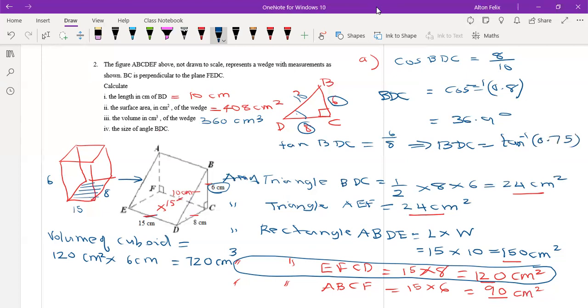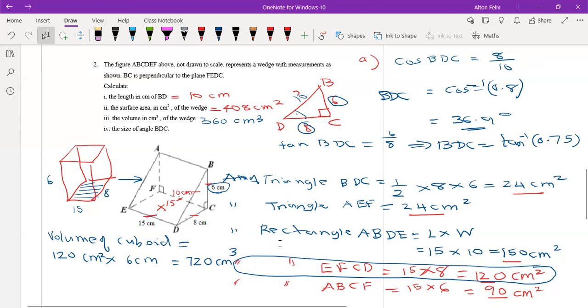Let's practice that. See if we get the same answer, 36.9, right? So we go trigonometry, second function. Let's put in our 0.75. Let's go second function, tan. There you go, 36.9. That's what we said.